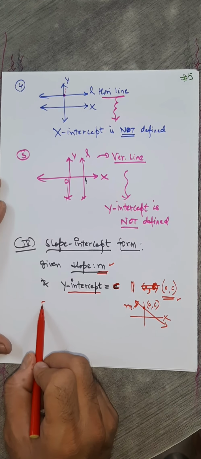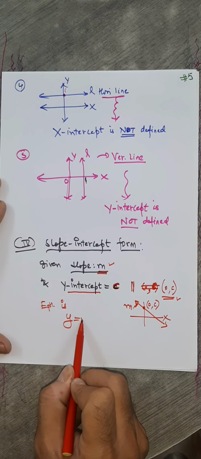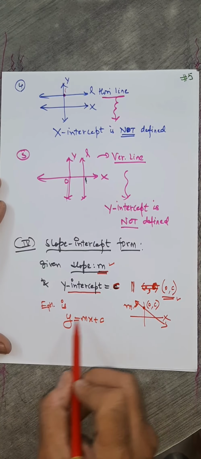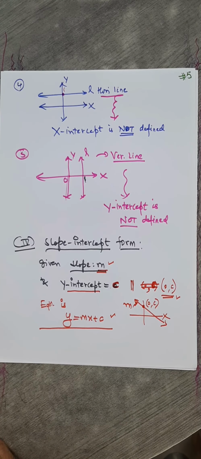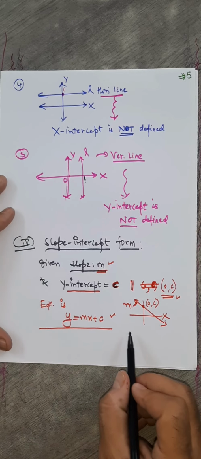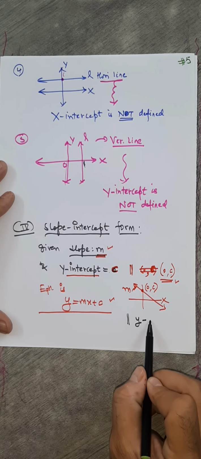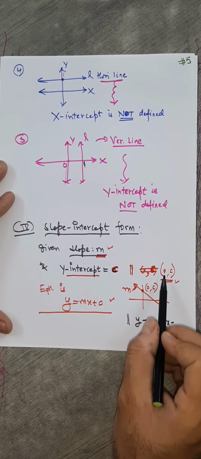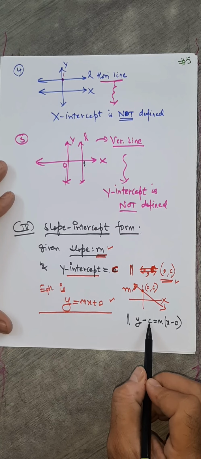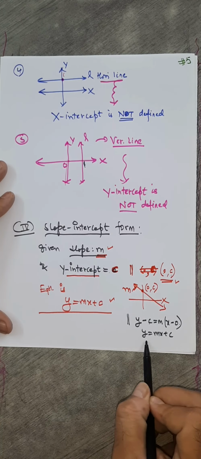So the equation is y equals mx plus c. Directly I wrote the equation, right? How can we derive this? Using that first form. Which form? Point slope form: y minus y1, that is c, equals slope m into x minus x0, which is 0. So you can see you are getting y equals mx plus c.